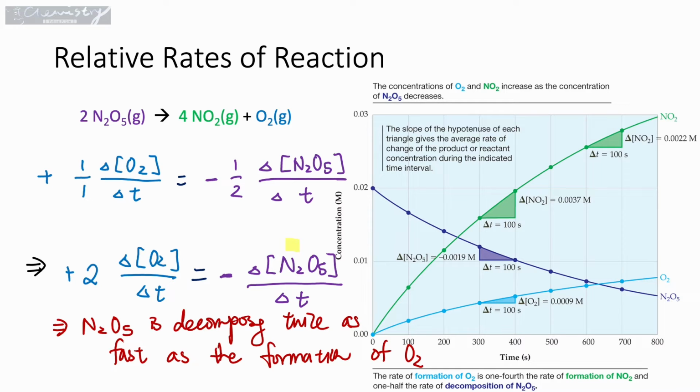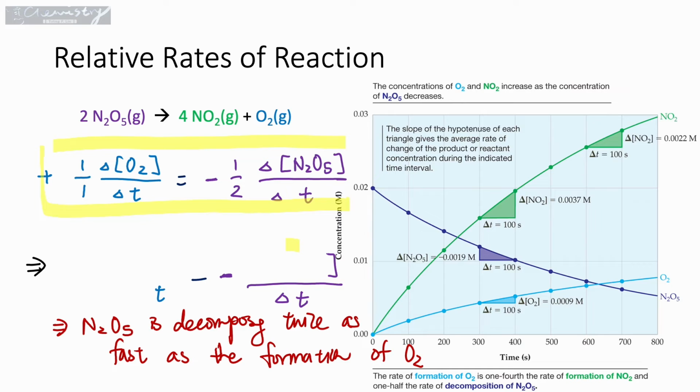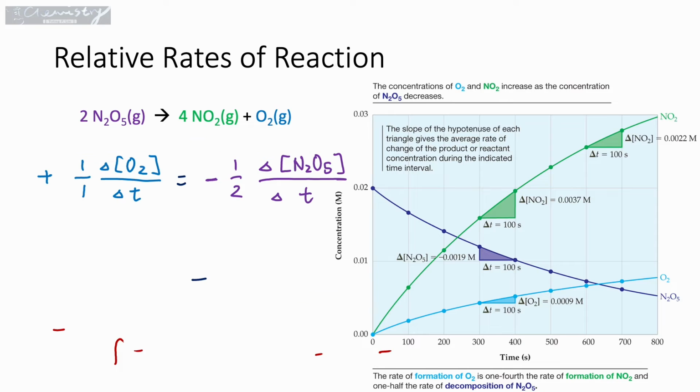And from here, we can apply the same logic to that of NO2, and then we can also write that this whole thing will also equal, I'm just going to erase these. It is also going to equal, well, this time we're looking at NO2, so it's the fraction, and it's a positive value because NO2 is the product that is being formed.